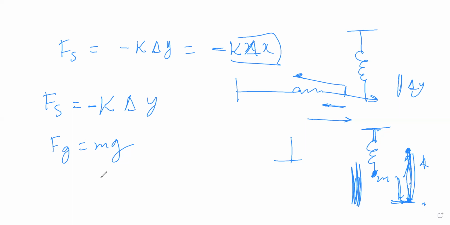What we know from our previous lectures, mg equals kx, or k del y. In this case, k is our spring constant, right? So that means k equals mg over del y.